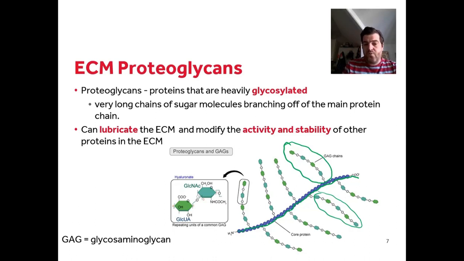And if you look at those sugar molecules in a little bit more detail, this is an example of one of the sugar molecules, which is hyaluronic acid or hyaluronate. You can see it's just large chains of sugar molecules joined together. And that's what we call a glycosaminoglycan as well. So we have a sugar molecule, and then an amino group joined together, alternating to form these chains.